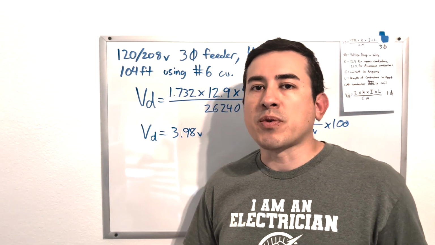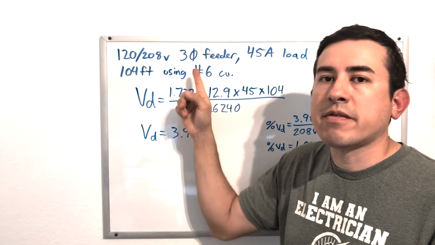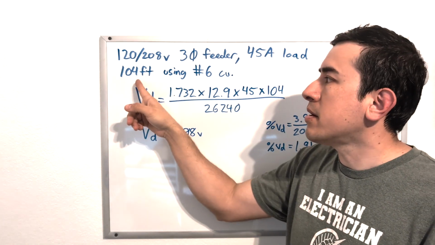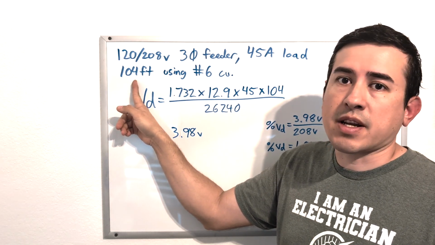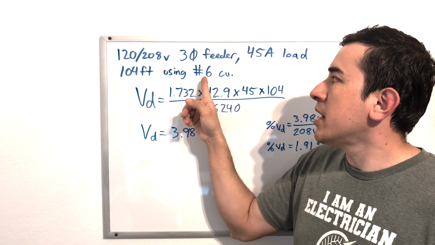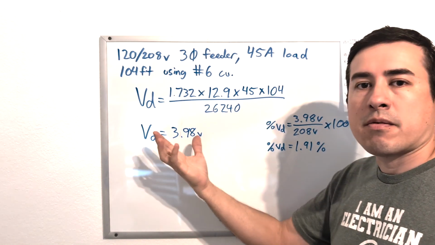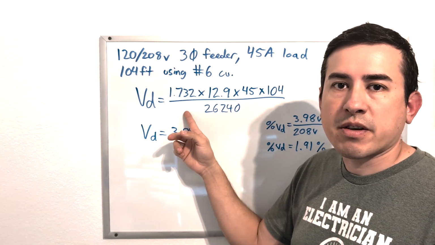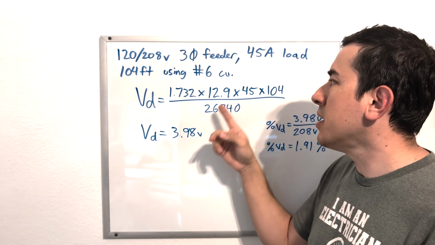So for this example, we're going to have a 120/208 volt three-phase system with a 45 amp load at 104 feet in distance or length on the conductors, and we're going to be using number 6 copper. So I've already written down the formula. Again, for a three-phase system, we use the square root of 3, our 1.732.